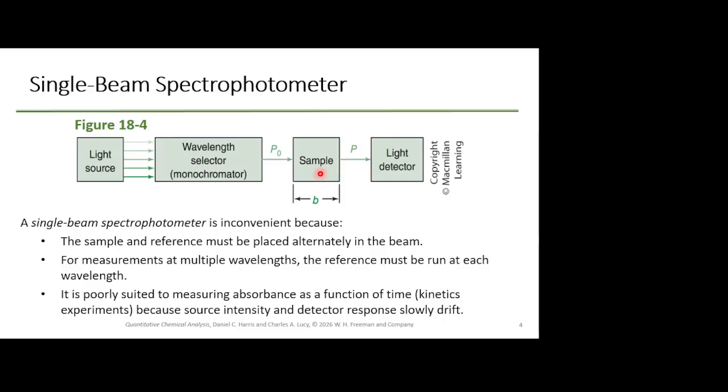So let's say that you took, we're going to use an extreme example, okay? The person that taught organic chemistry before me at another university, whenever I walked by and they were taking spectra on the infrared spectrometer, they would always have a background that looked like this.